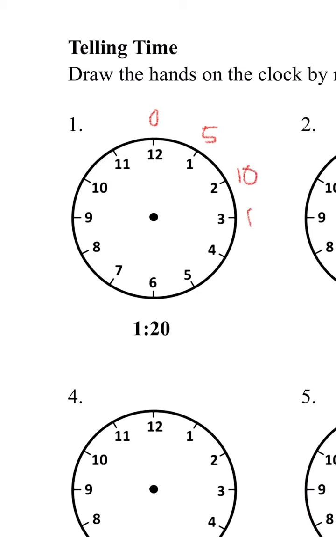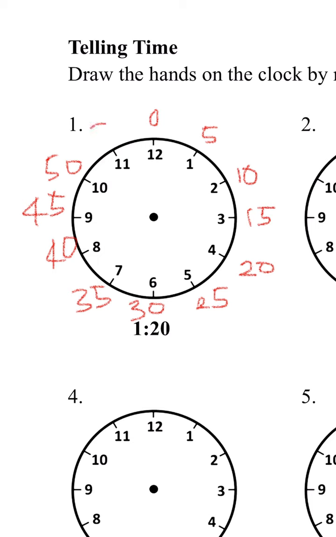10 plus 5 is 15, 15 plus 5 is 20, 20 plus 5, 25, 25 plus 5, 30, 35, 40, 45, 50, 55, this would be 60, but when you write it down, it is 0.